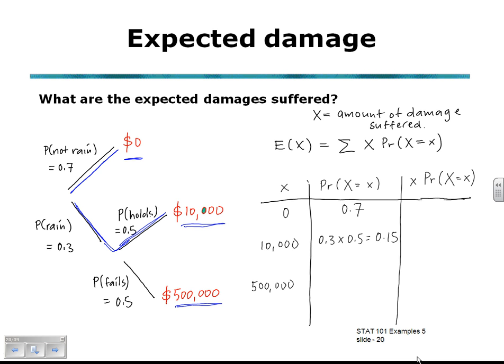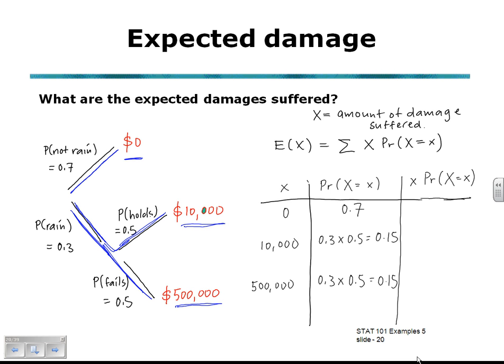The third case, probability of rain and the flood defence fails. So probability of rain at 0.3 multiplied by the probability that it fails of 0.5. 0.3 times 0.5 giving us 0.15.